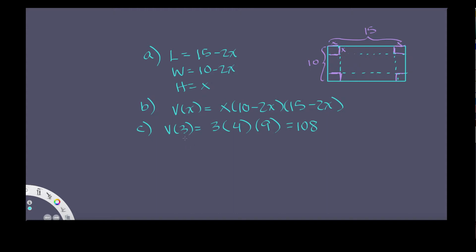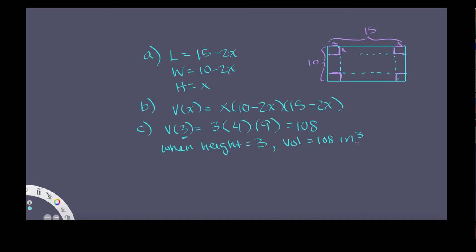Well, this means that when that corner has a side length of X, of 3 rather, when the height of the box is 3, the volume of my box is 108. So when the height of the box is 3, volume is 108, and that's cubic inches.